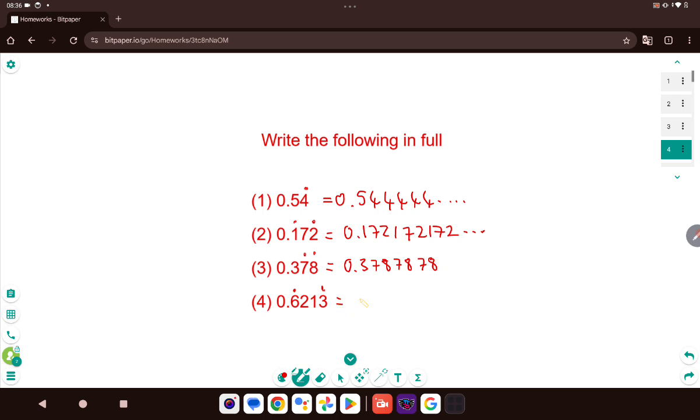And the fourth one. So for the first one, the dot's just above the 4, so the 4 recurs. The dot's above the 1 and the 2, so everything in between recurs. It's just on the 7 and the 8 here, so it's just the 7 and 8 that recurs. And here, it's between the 6 and the 3, so all those numbers in between repeat.